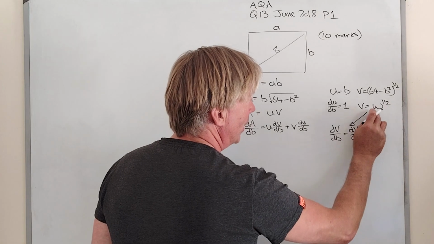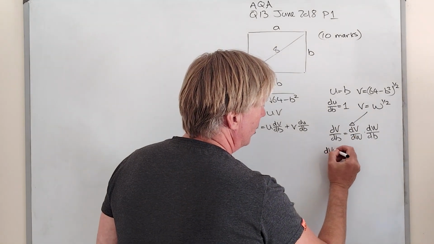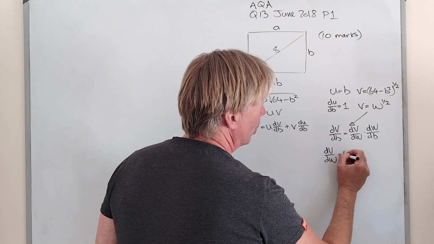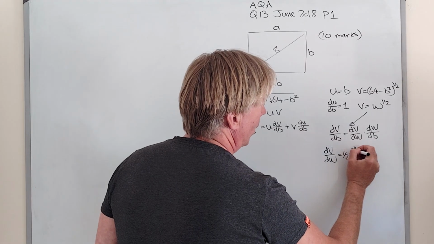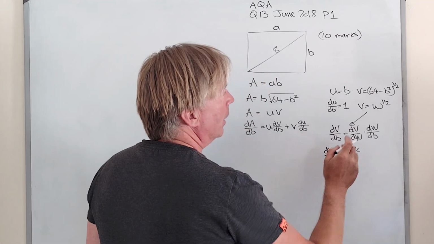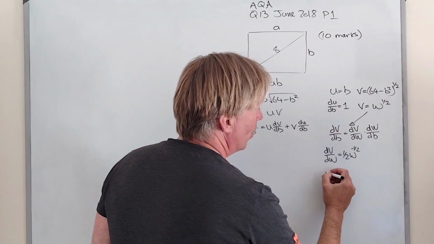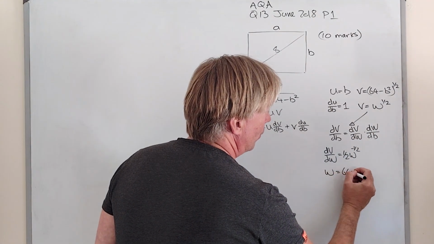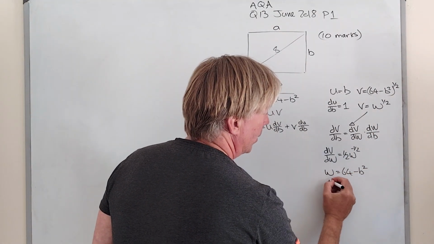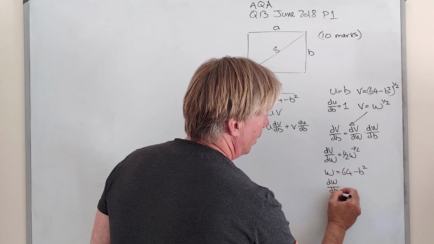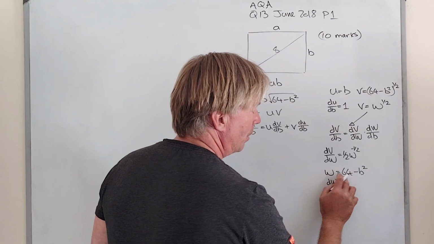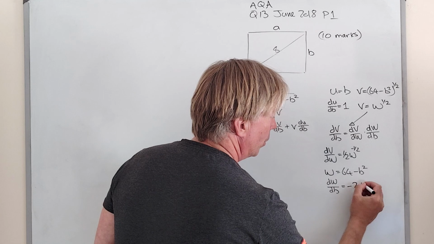So dv by dw, that's the easy bit: dv by dw is equal to 1/2 w to the negative half, bring the power down by 1. Then dw by db, and we know that w is equal to 64 minus b squared, so dw by db is equal to negative 2b, the constant having disappeared.